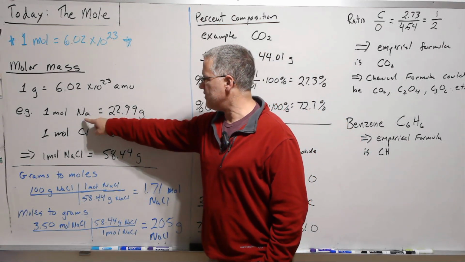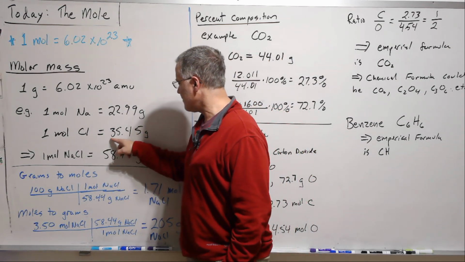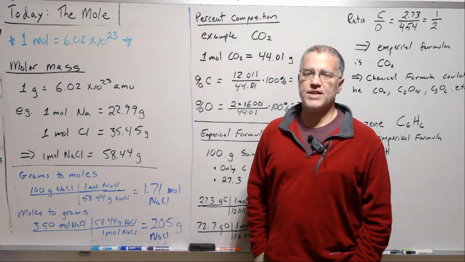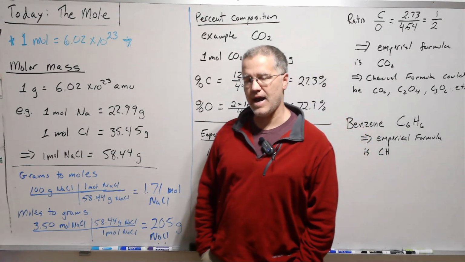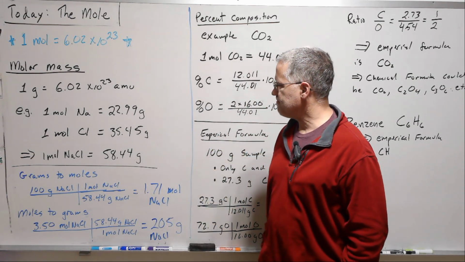And so we have 1 mole of sodium, we have this many grams. If we have 1 mole of chloride, we have this many grams. Chloride's a heavier atom. So a single atom of chloride is heavier than a single atom of sodium.